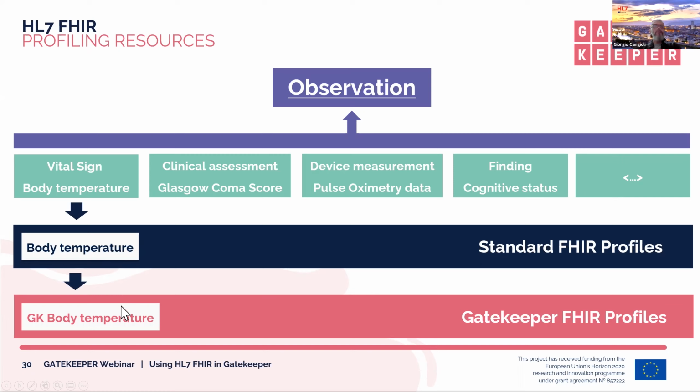Supposing that we have additional requirements, or we would like to apply further constraints, we can reuse that profile and develop our profile that describes how the body temperature can be represented. This is an optimal case.